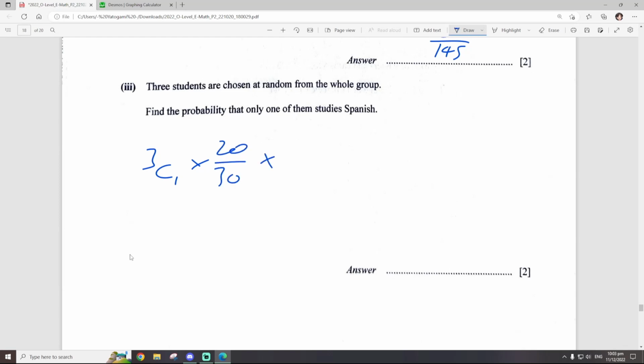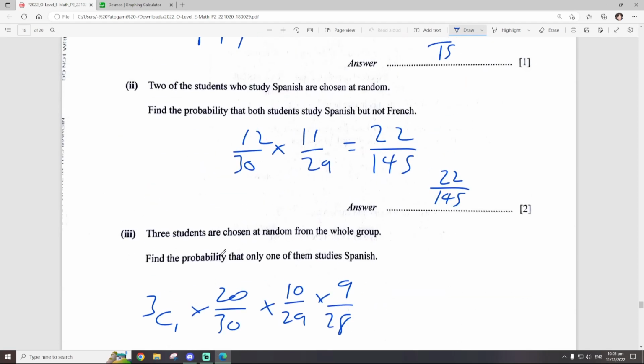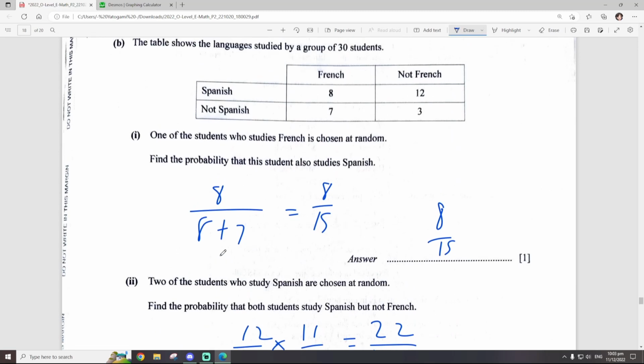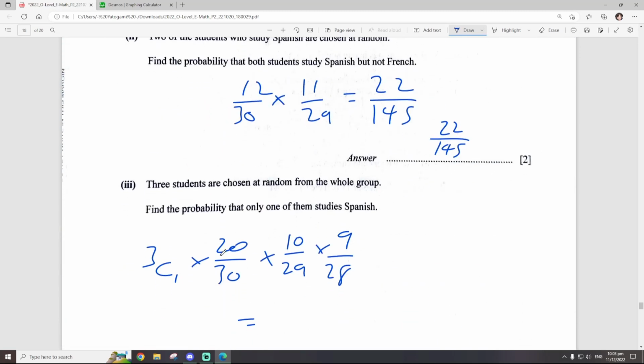Then we need to start multiplying those that did not study Spanish. So 10 over 29 times 9 over 28. And you can figure out what this is. This is, oops, did I do something wrong? Oops.